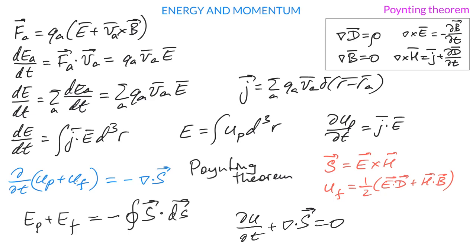And if you compare it with the continuity equation for the electric charge, d rho by dt plus del dot J equals 0, where J is the current of charge, here S is the current of energy, and the energy density sits in the corresponding time derivative. So overall, these two equations are quite similar. They express the conservation of different quantities. In one case, it's charge. In the other case, it's energy.